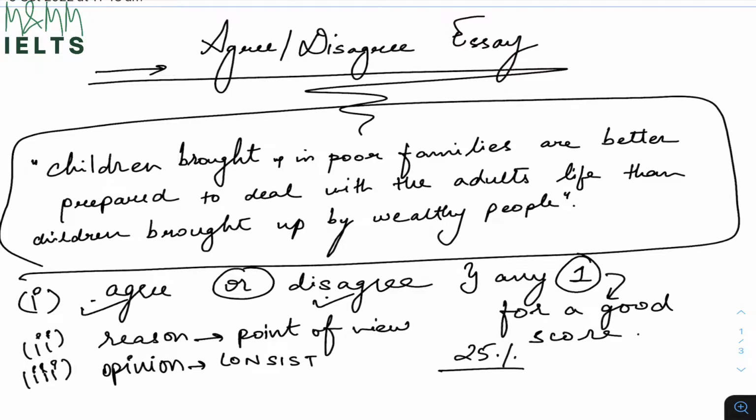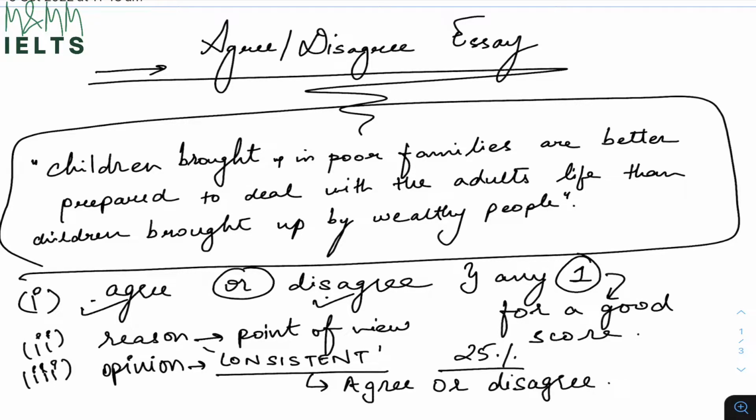As in, if you agree with the topic, you have to make sure that till the end of your essay, whatever you write is consistently in regard to you agreeing with that topic. If you disagree, then obviously it has to be disagree. So you can't do that first paragraph you agree, and then second paragraph you write something which shows that you don't totally agree, you kind of disagree sometimes, and third paragraph you write something where you agree. Don't do that. It has to be a consistent opinion. All right, that is very important for a good score.